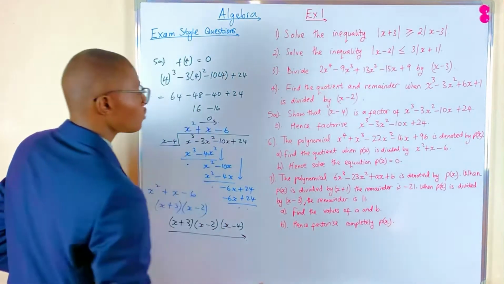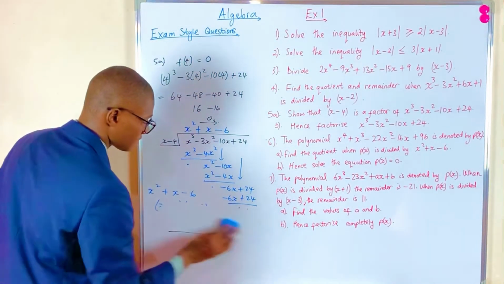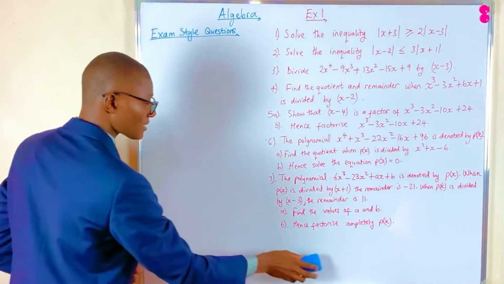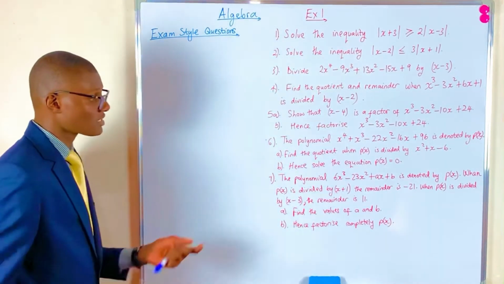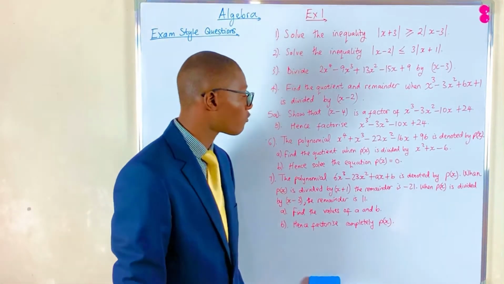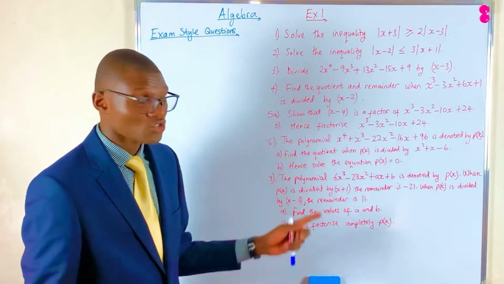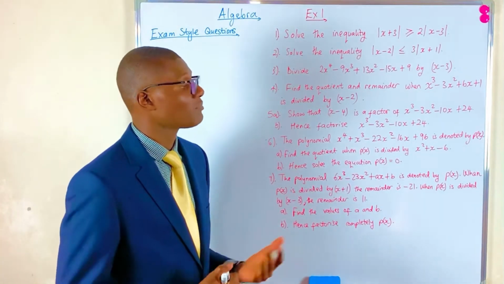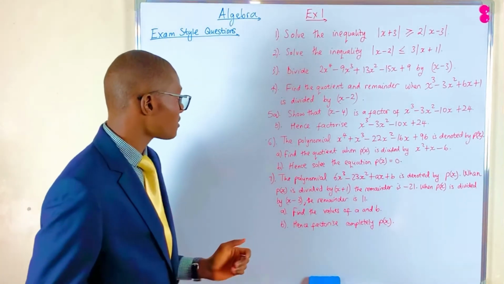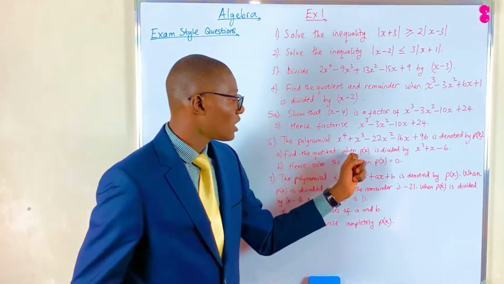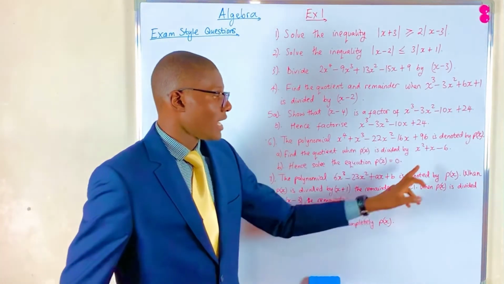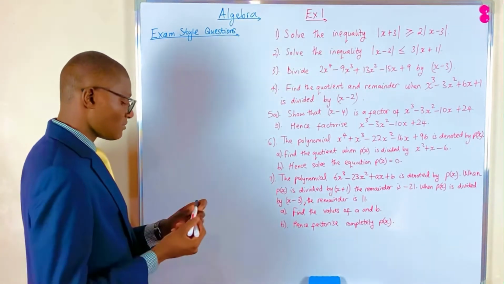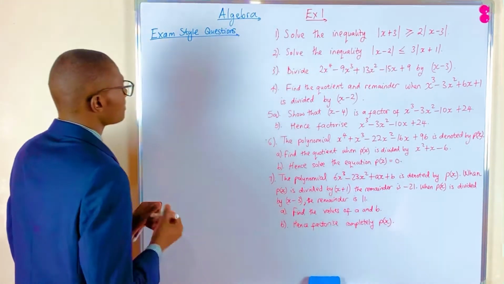Now let's move on to look at number 6. So for number 6, first part, number 6 says the polynomial x to the power of 4 plus x to the power of 3 minus 22x squared minus 16x plus 96 is denoted by p of x. First part now says find the quotient when p of x is divided by x squared plus x minus 6. So for the first part, we're simply carrying out our long division.